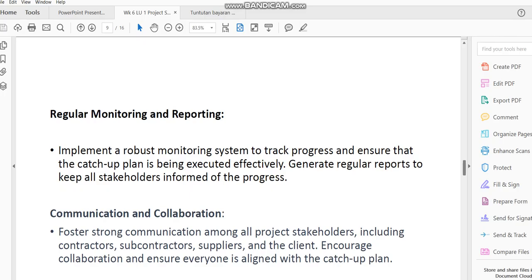So obviously, when we talk about delay management, okay, regular monitoring and reporting is very important. Communicating with all the stakeholders, subcontractors, contractors, client, all that, to encourage everybody to align with the new plan, and for everybody to understand that there's some urgency, why there's urgency, and why we must help.